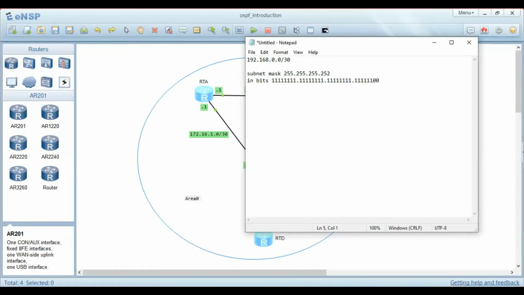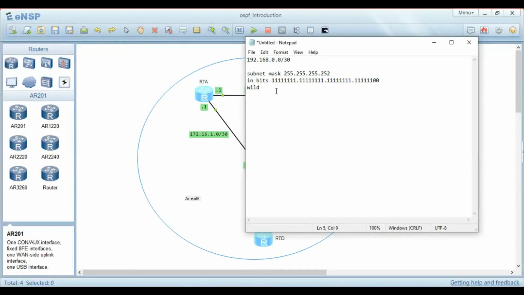So what are wildcard bits? Wildcard bits are the inverse of the subnet mask. What does that mean? Where there is 1 in the subnet mask, we put 0, and where there is 0 in the subnet mask, we put 1.